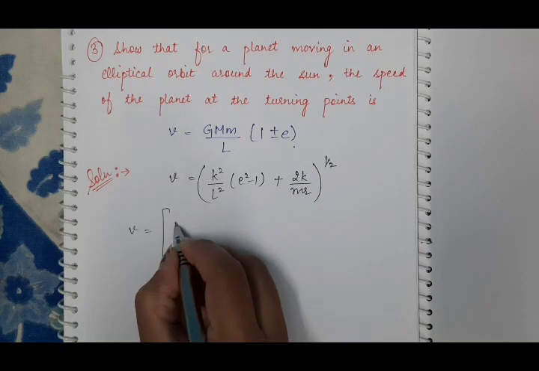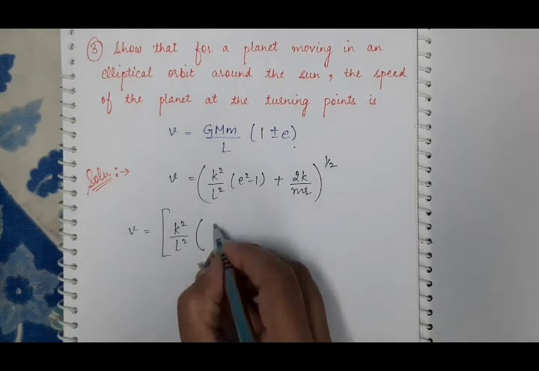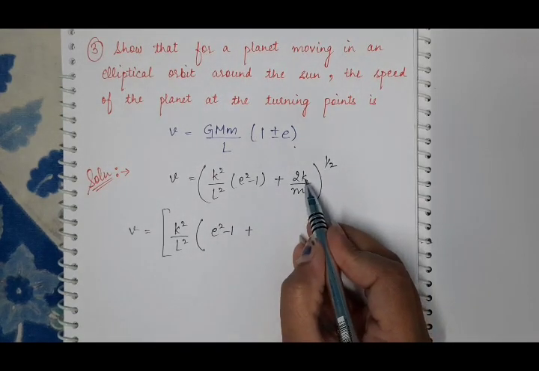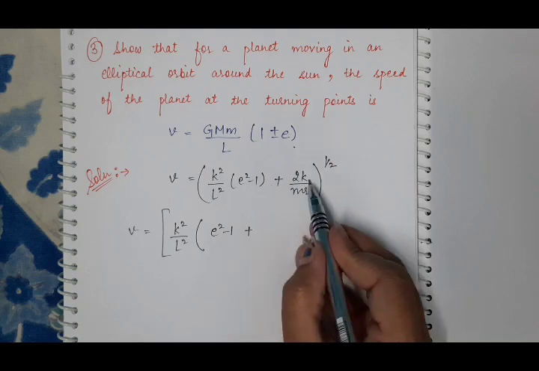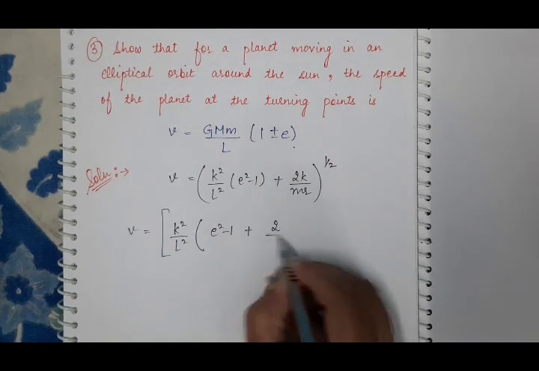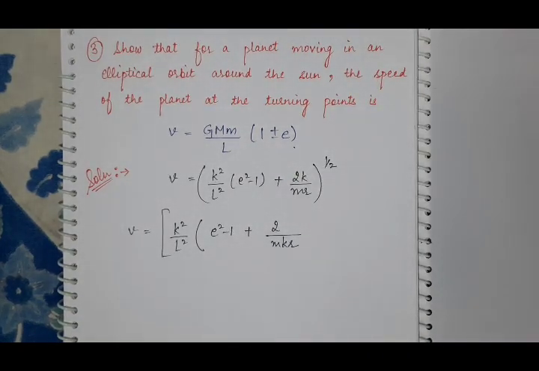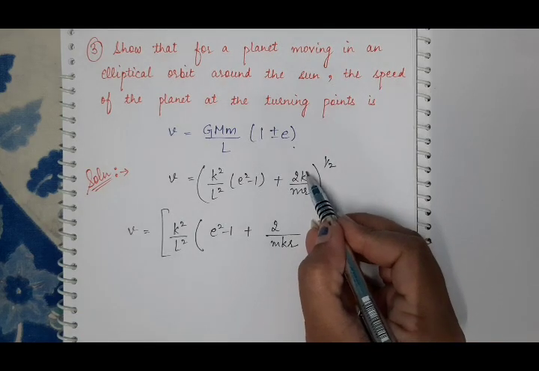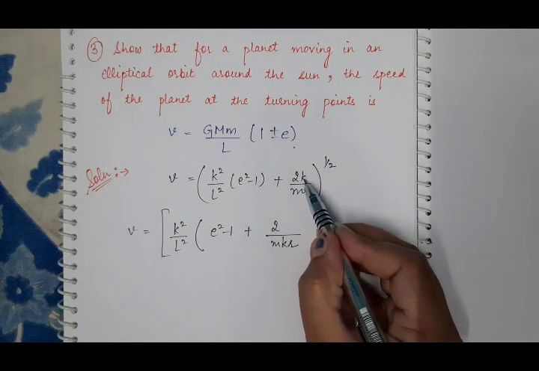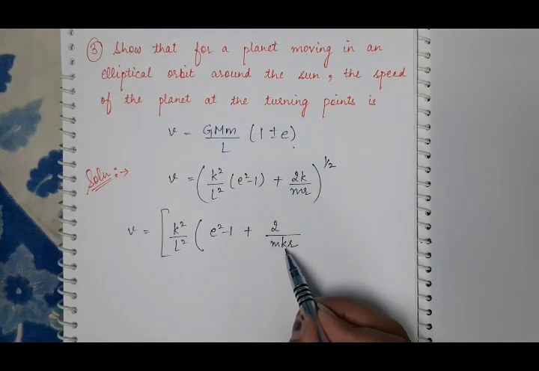So how? Take k square by L square common. Here you will have E square minus 1 plus 1k. For the other k, because we have taken k square common, you have to divide by k, because you will have k square only when you multiply and divide by k. Then k square is taken outside and you will have 1k in the denominator.